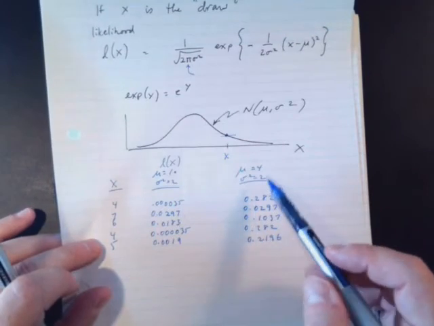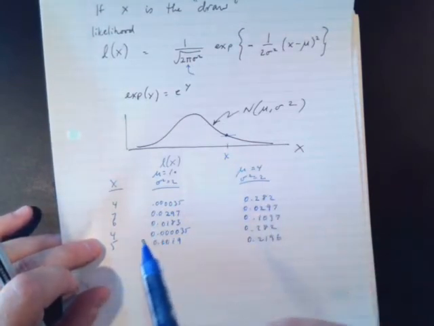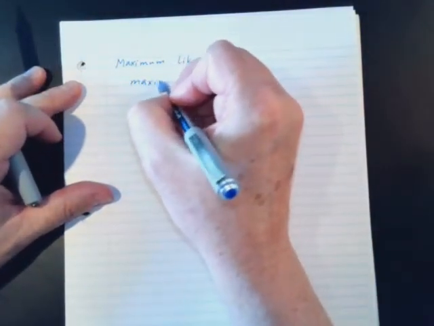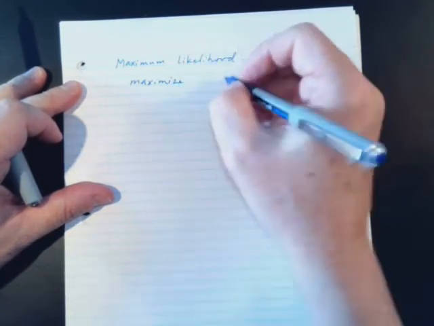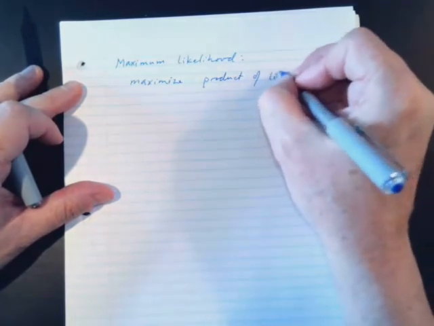So to figure out the likelihood of the sample, rather than use the average likelihood value of each point in the sample, we're going to use the product of the likelihoods. So we maximize the product of likelihoods.